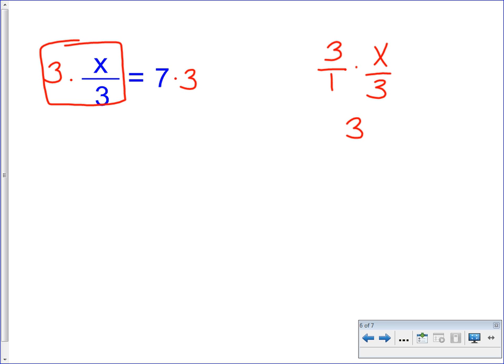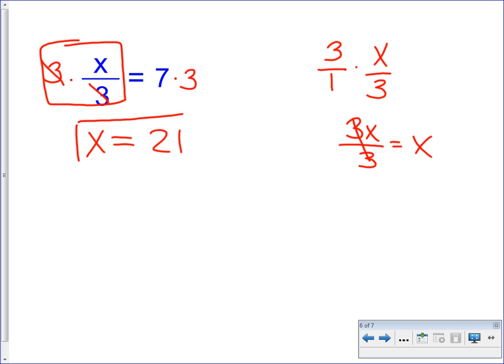So we're going to get 3x over 3. And now it just looks like the problem we just had, except with 3s. These cancel out, and you're left with x. So we can put on our problem, cross those out, we put an x, and now that equals whatever 7 times 3 is. And 7 times 3 equals 21. We box our answer.